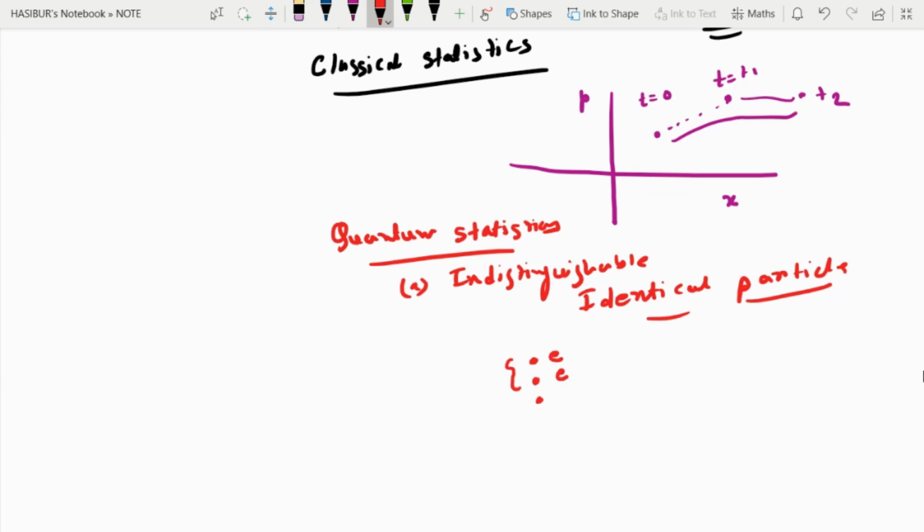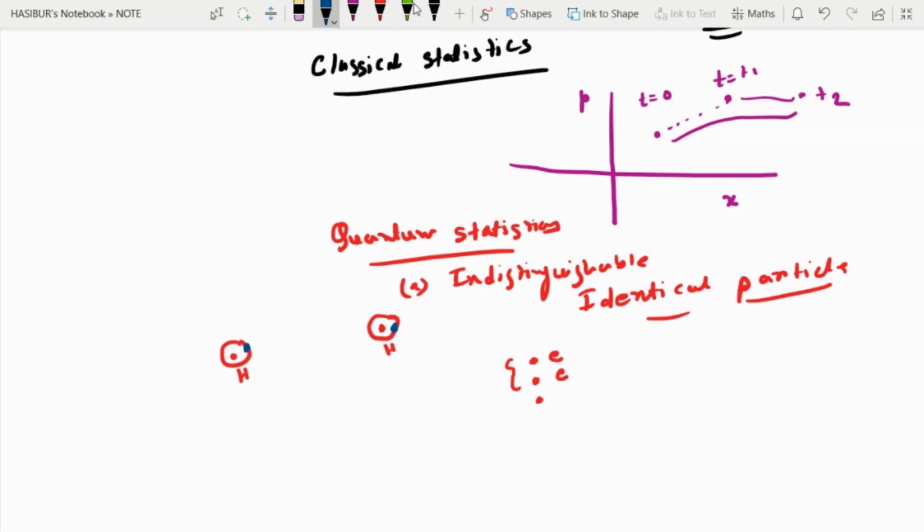How are they indistinguishable? Let's take an example. Consider two hydrogen atoms, and a hydrogen atom has one electron revolving around its nucleus. This other hydrogen atom also has an electron revolving around it.